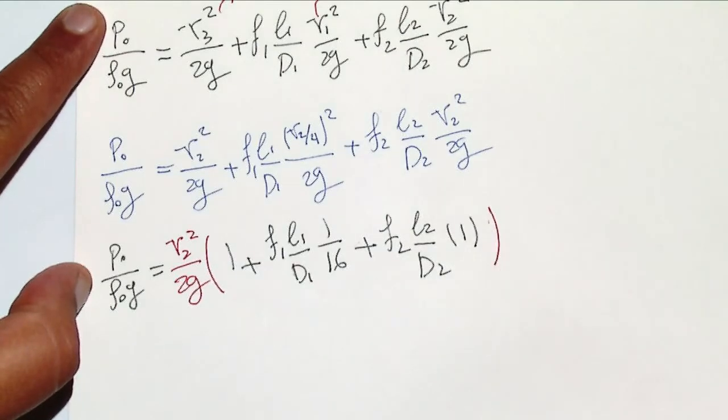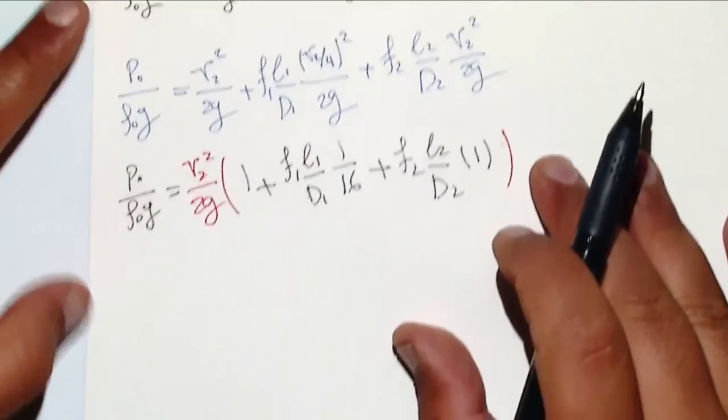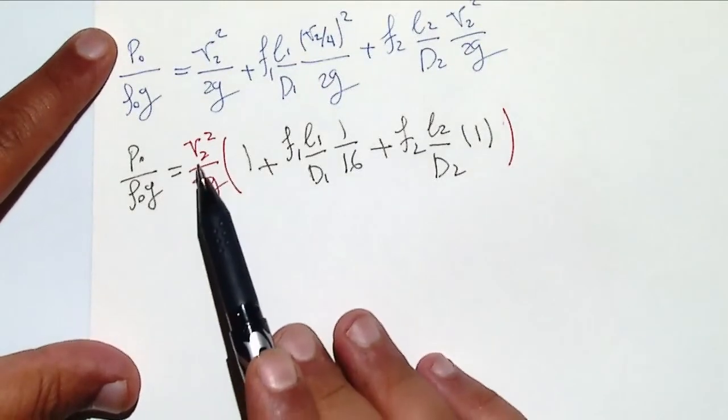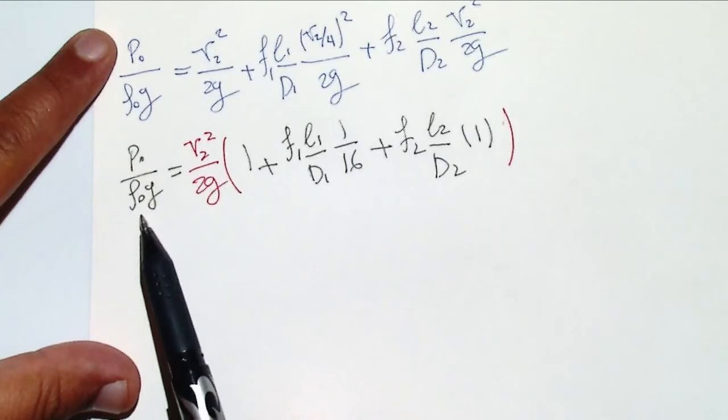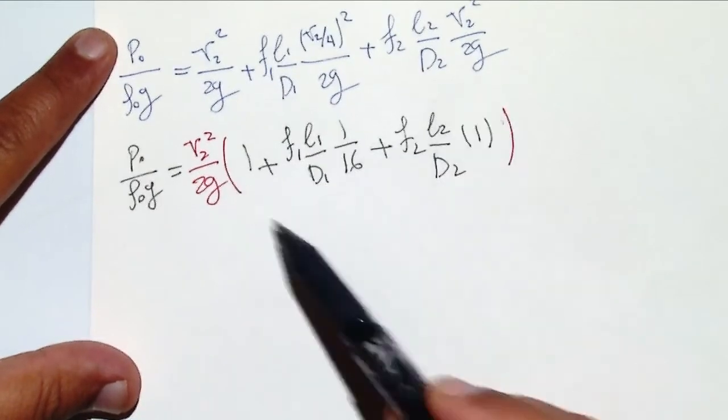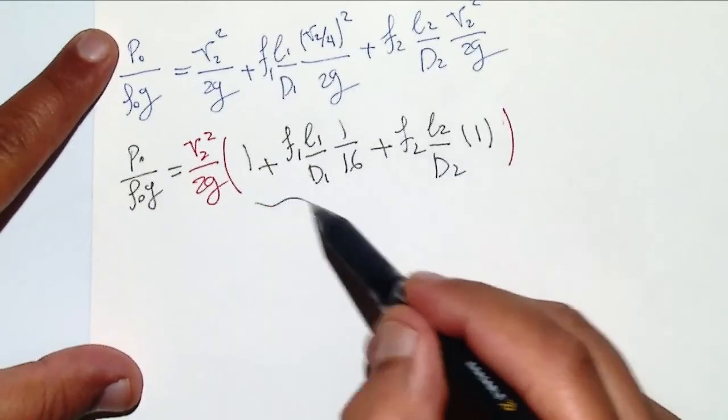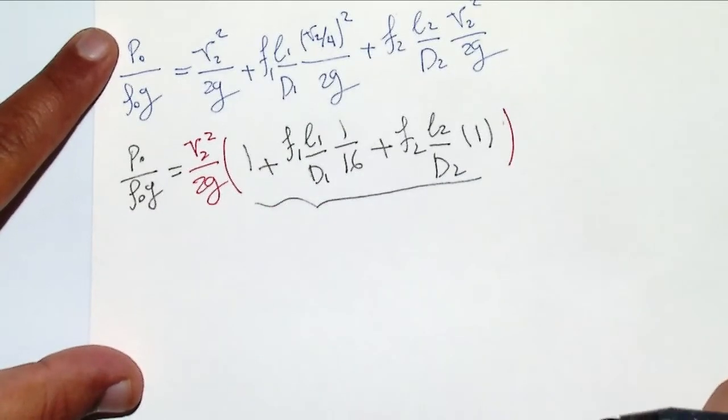That's what's left. So you can find V2 as long as you know P0, and you multiply each side by 2g and then divide by this term. That all are given, okay?